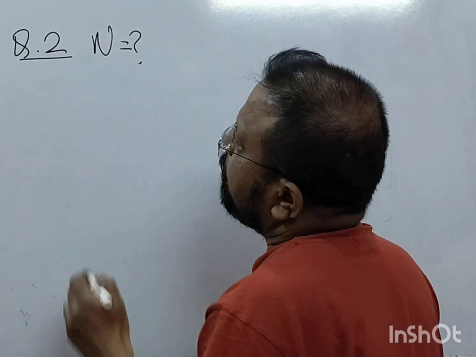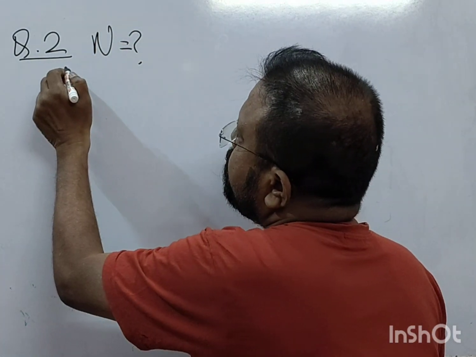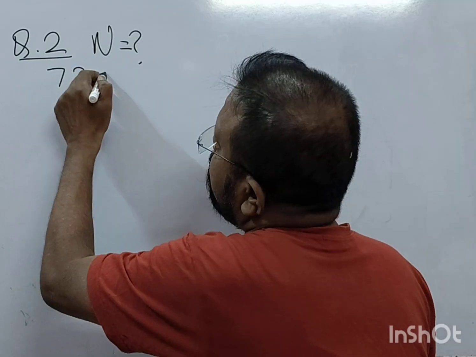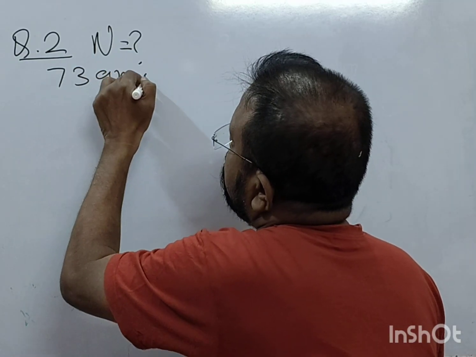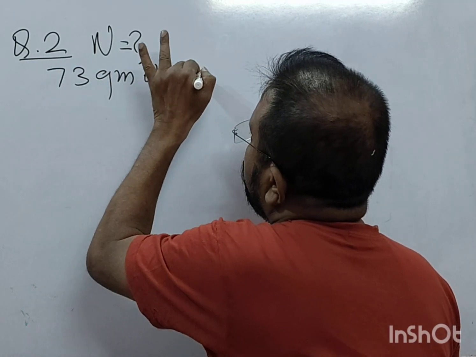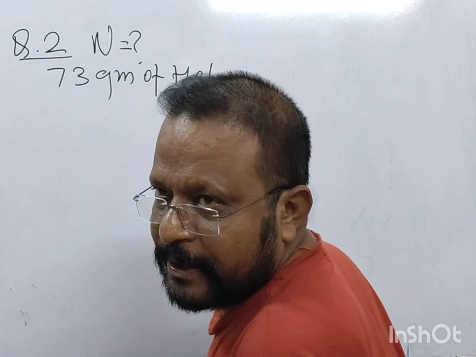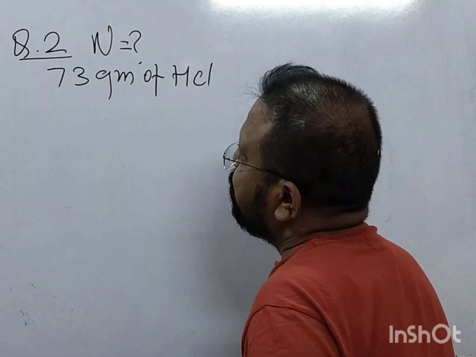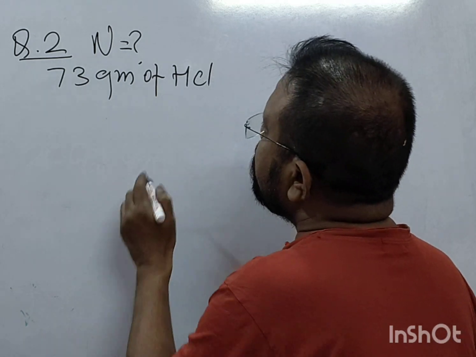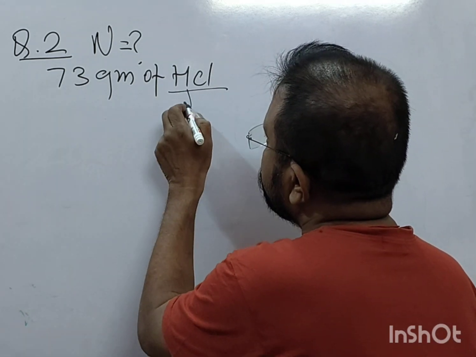Find the number of molecules in 73 gram of HCl. Okay. What is the molecular mass?